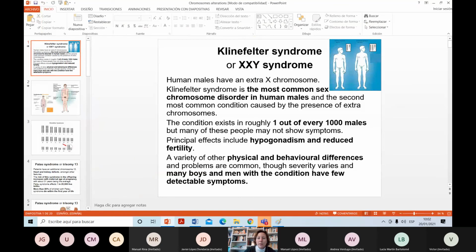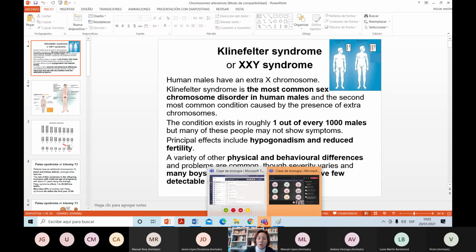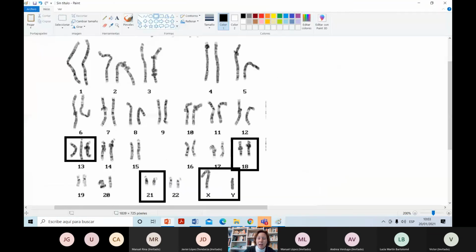We've already seen the first one that contains double X and a Y, that belongs to someone suffering this syndrome, Klinefelter syndrome, and you've got here in the picture that belongs to a boy, because as long as there is a Y in the 6 chromosomes, the phenotype will be the phenotype of a boy.